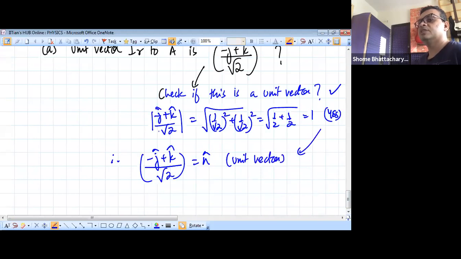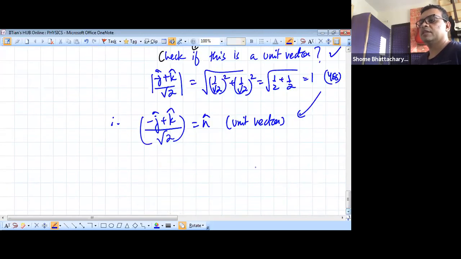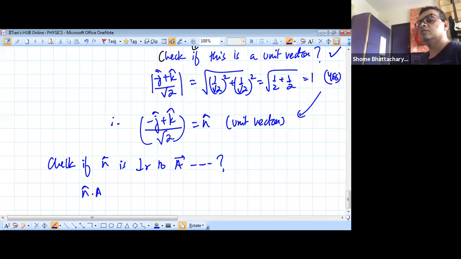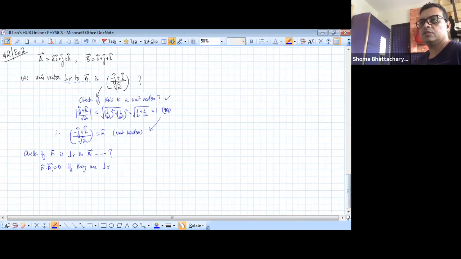Now the next thing we have to check is whether it is perpendicular to A or not. So check if n cap is perpendicular to A. For that, n cap dot A should be equal to 0 if they are perpendicular. This unit vector n cap, its dot product with A should be 0.